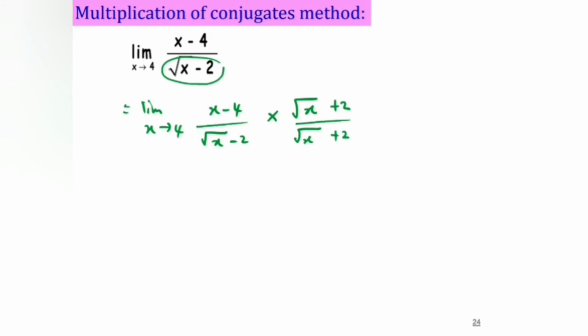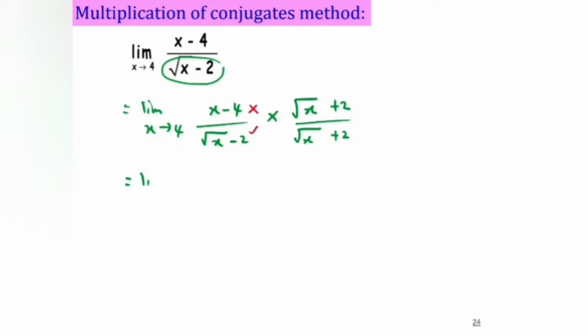Tips. Next step, to expand the numerator and denominator, you need to expand the part where you have the square root originally. The part where you don't have the square root, you don't need to expand.